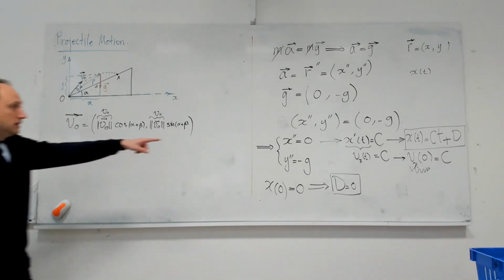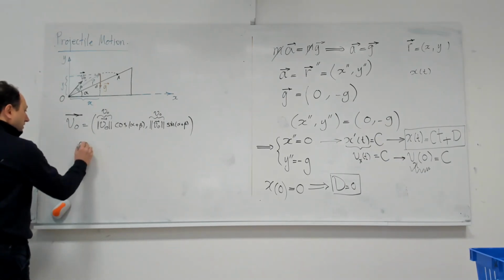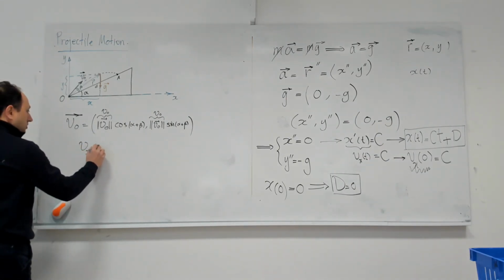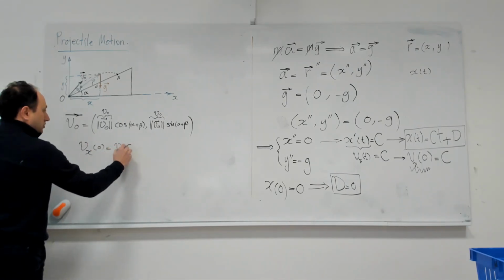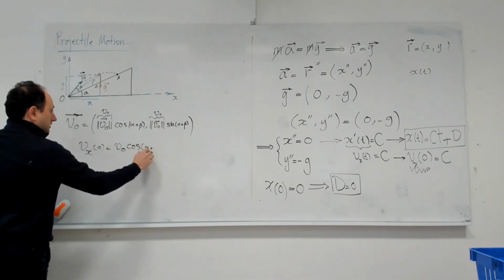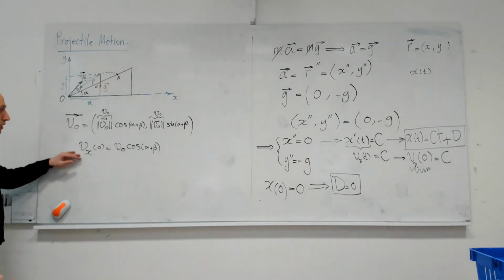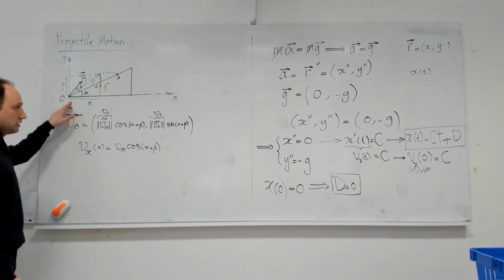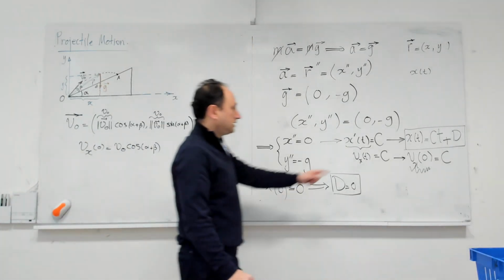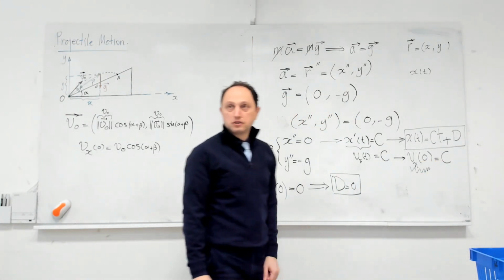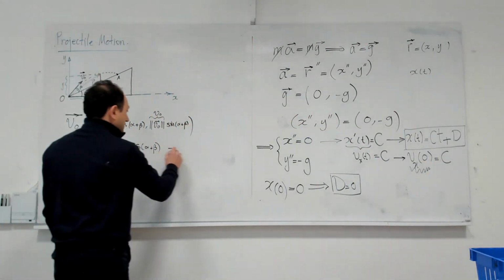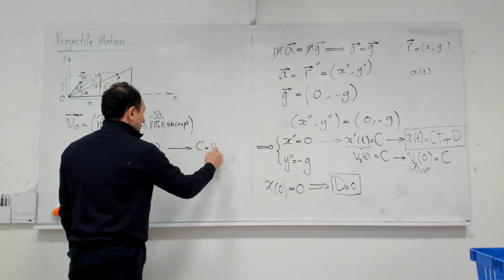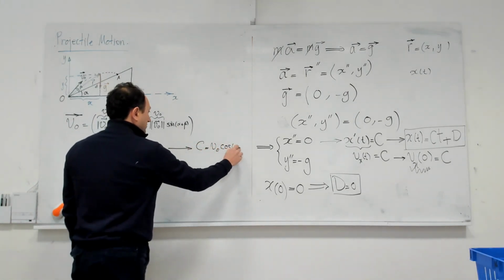Okay, and then Vx0 according to what I have is V0 cosine of alpha plus beta. Yes, this is on the one hand from my initial condition. On the other hand, this is supposed to be c. So it means c is this number. So c is equal to V0 cosine of alpha plus beta.